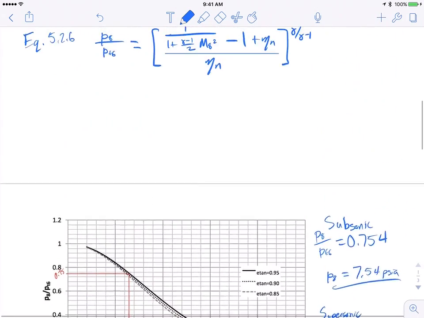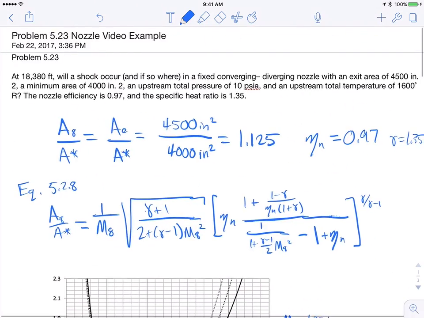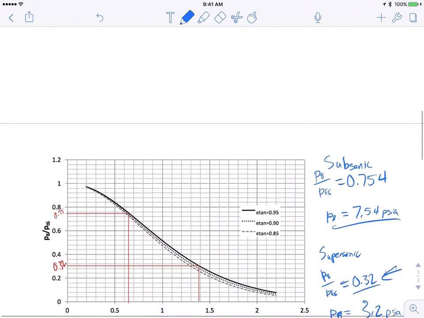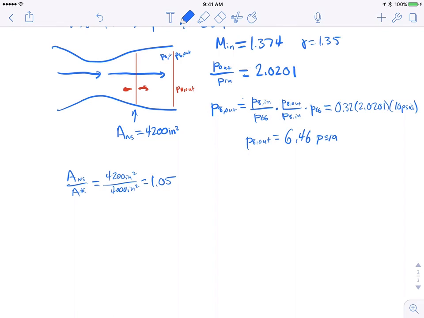So we just go back and solve our area equation here once again, or do it on the graphs, and we'll find that in this case the supersonic condition is going to give us a pressure ratio, P at the upstream side of our shock wave divided by PT6 coming in.